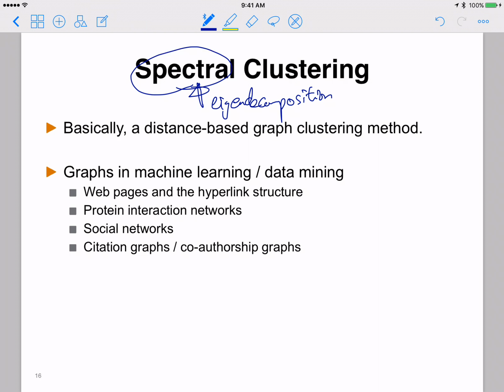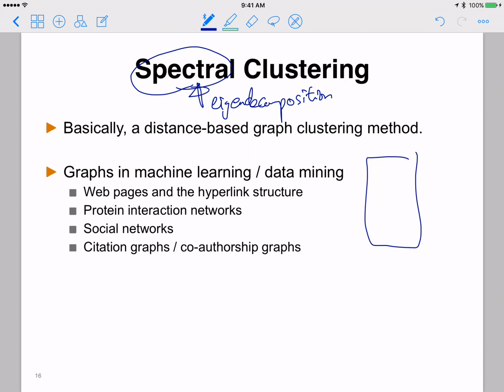But under the hood, it has really nice theory from graph theory. So we will study a little bit about it and understand how spectral clustering works. Mainly, spectral clustering takes an input in graph form instead of feature vector representation.